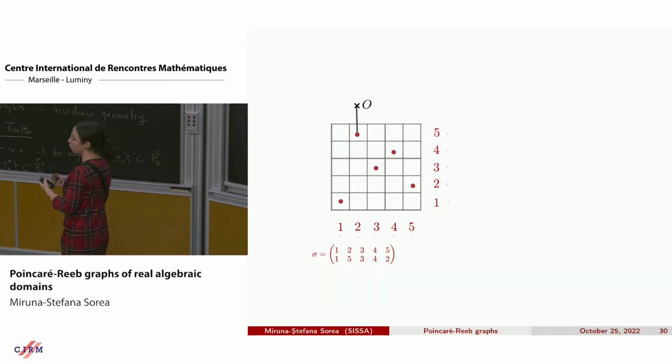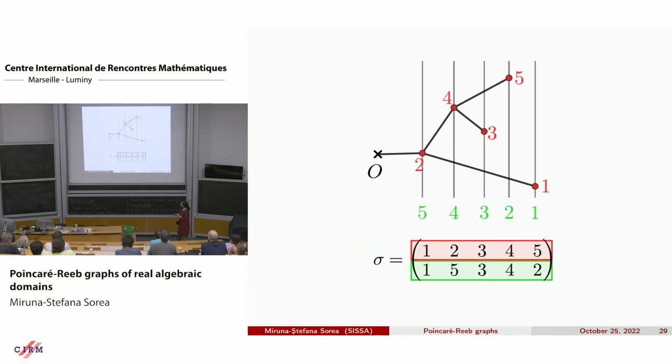In order to explain this definition, first of all, there is a bijection between transversal trees and permutations, because we are talking about trees, but separability is a combinatorial property in terms of permutations.